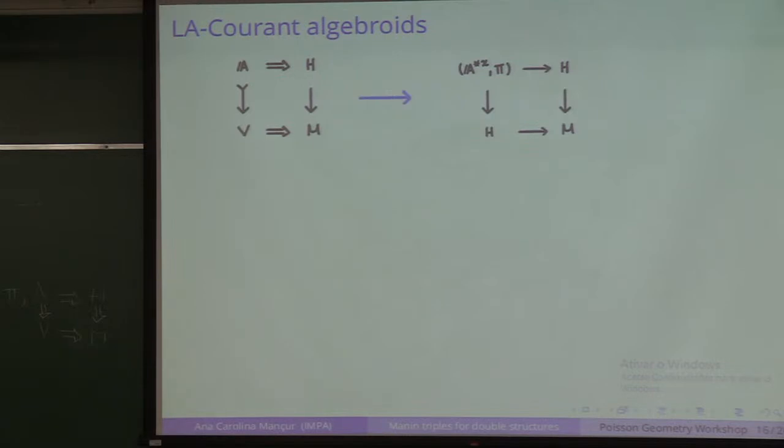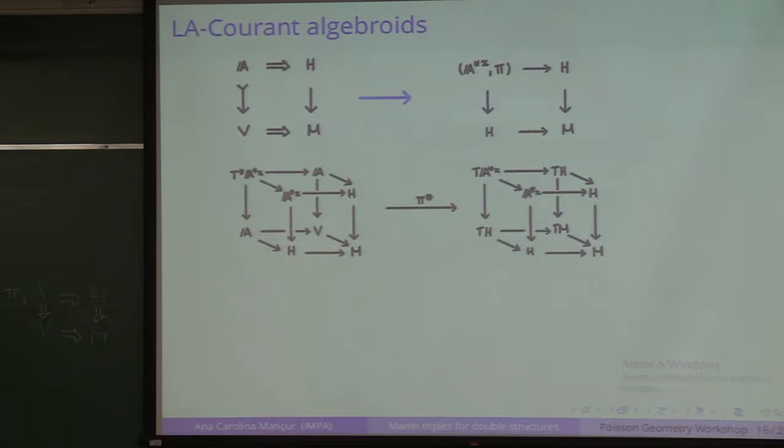So what do you do to define this compatibility? We know that this thing, pi sharp, is a morphism of triple vector bundles, these triple vector bundles here. And one thing that we want to do is consider the graph of these things as a Dirac structure on something. But here we don't have Courant algebra structures.